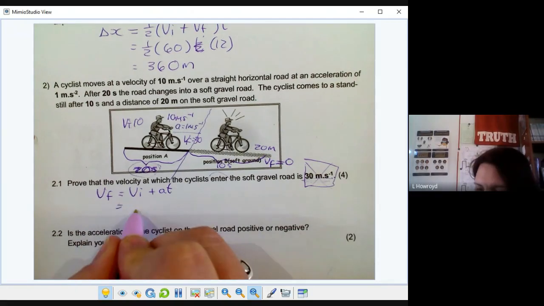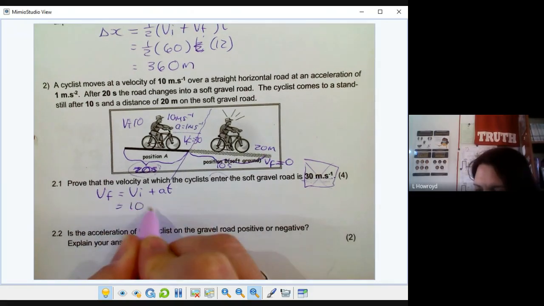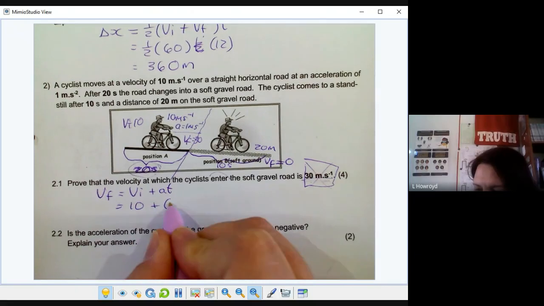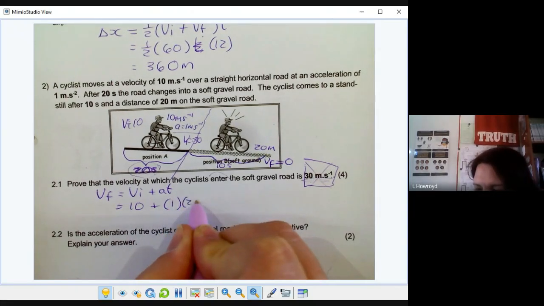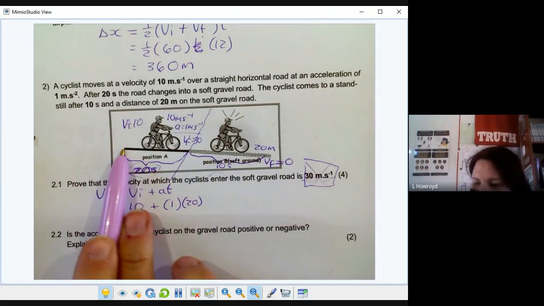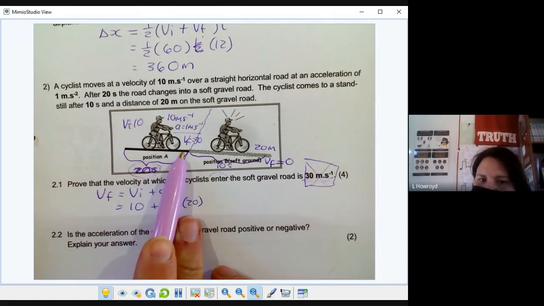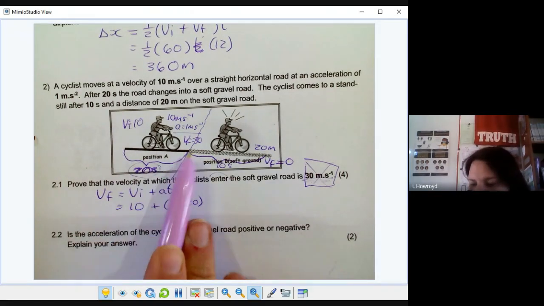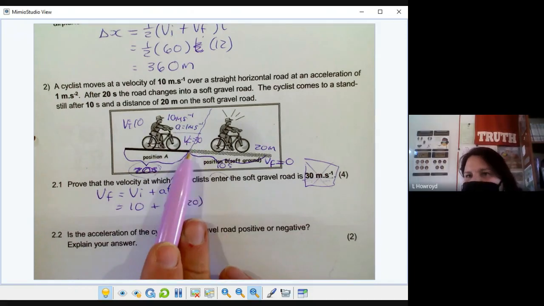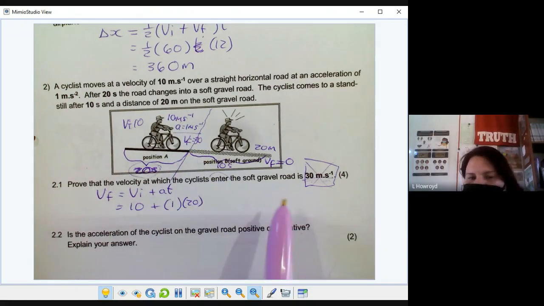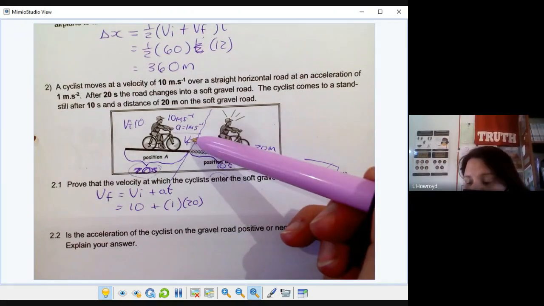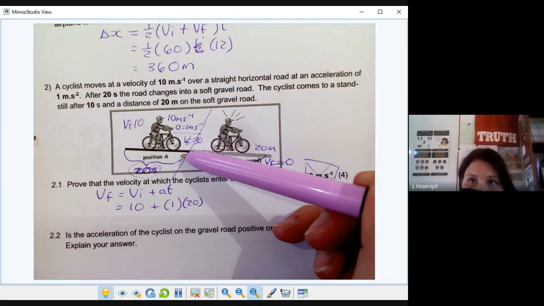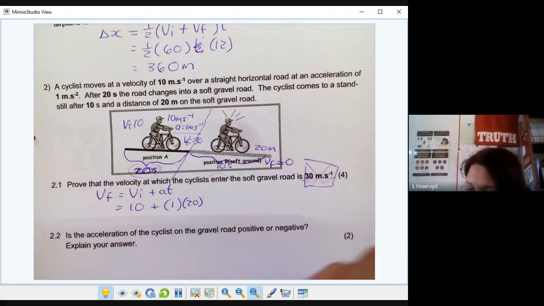We know the initial velocity is 10, the acceleration is 1, and the time was 20 seconds, because we are looking at the first part of the motion. They asked what is the velocity with which he enters the soft gravel, which means it's the final velocity of our smooth road. So we worked that out.